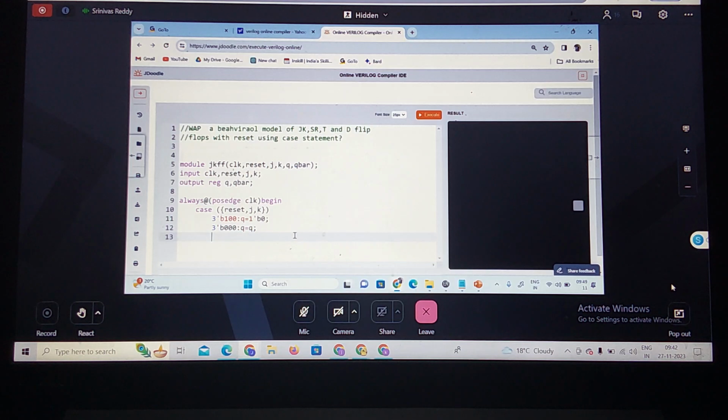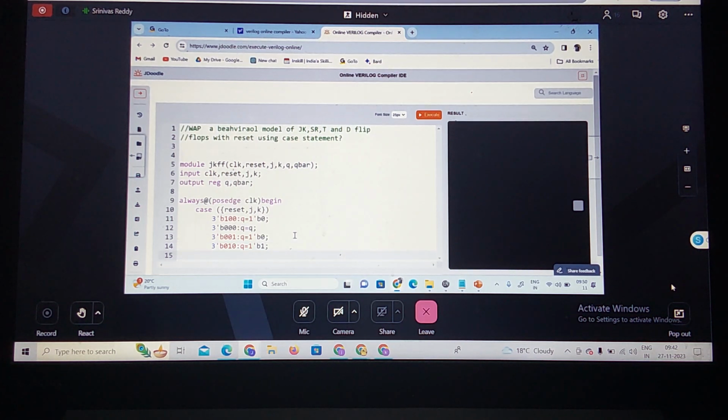Next, 3 tick B, 0, 1. This is nothing but the reset condition. J0, K1, reset is 0. Next, reset is 0, J is 1, K is 0. Set condition, Q becomes 1 tick B1.